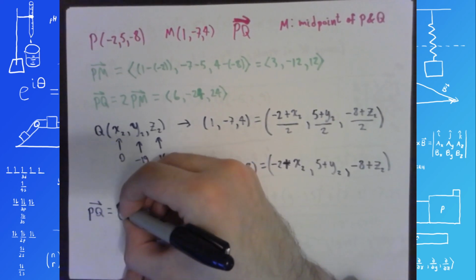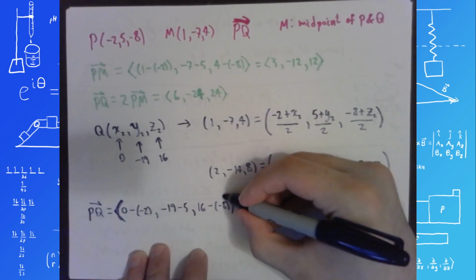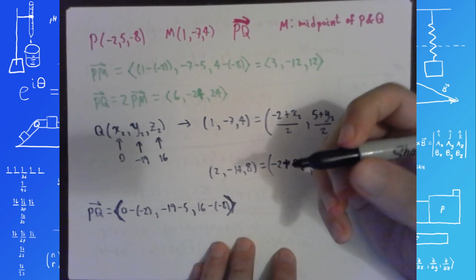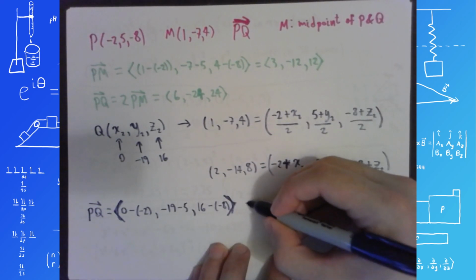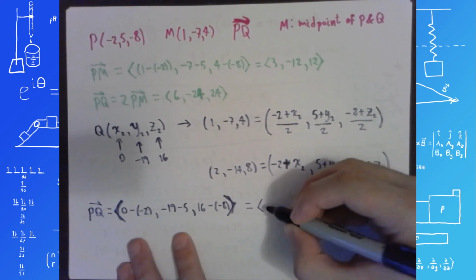Oh, wait, and that's a vector, so I should be using angle brackets, not parentheses. There we go. So that's going to be 0 minus negative 2 is 2.